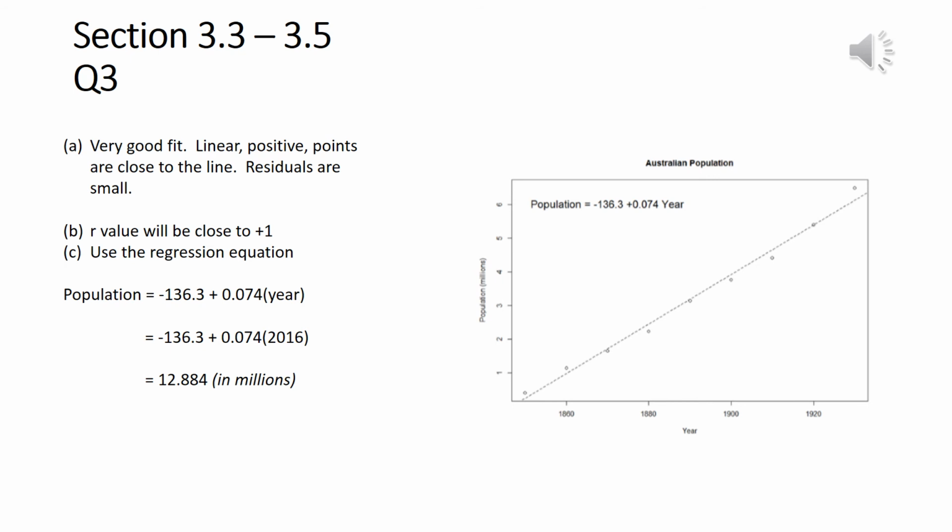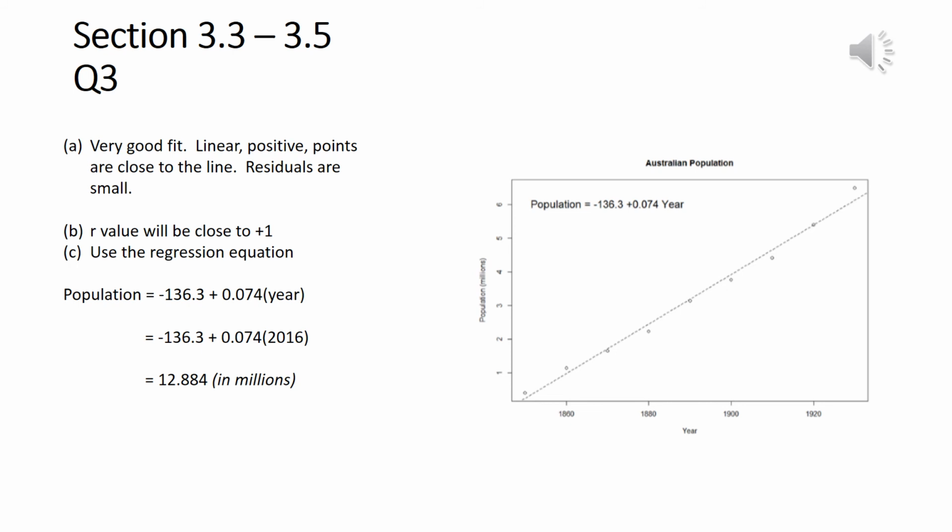So what we could also say is that the residuals are small. If we had to estimate what the correlation coefficient, the R, might be, it's going to be pretty close to +1. You're then asked to predict a value, the population size for 2016.